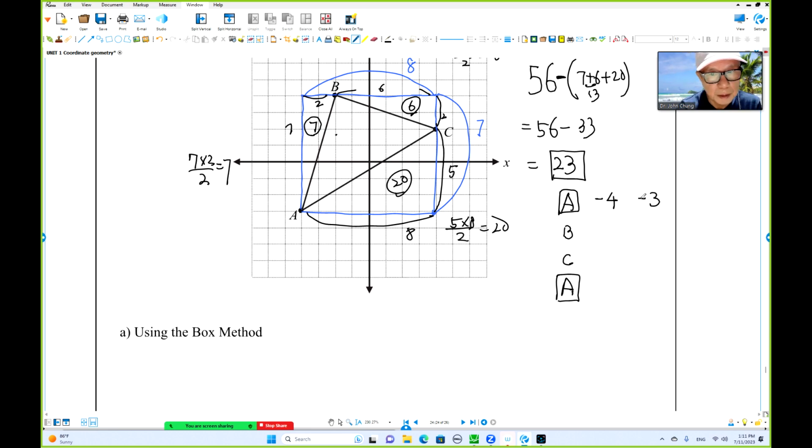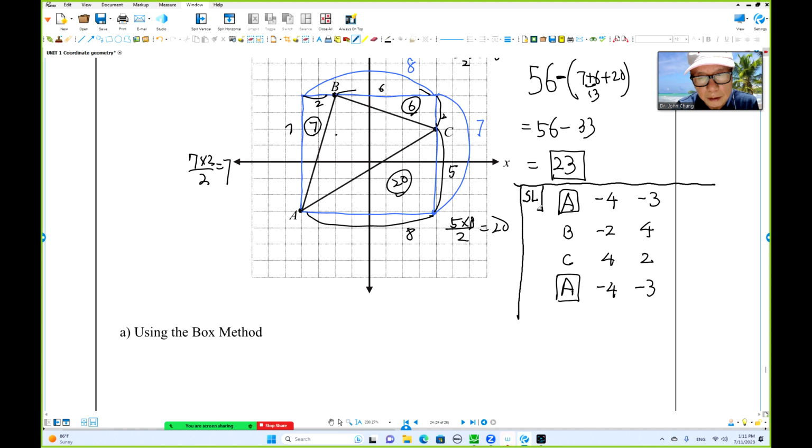What is the coordinate of B? Negative 2 and 4. What about C? 4 and 2. What about A again? Negative 4 and negative 3. This is shoelace. SL, okay? Shoelace is SL. You decide.